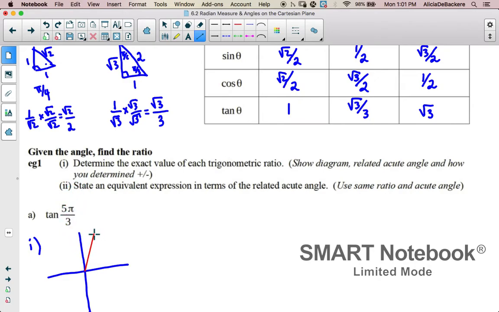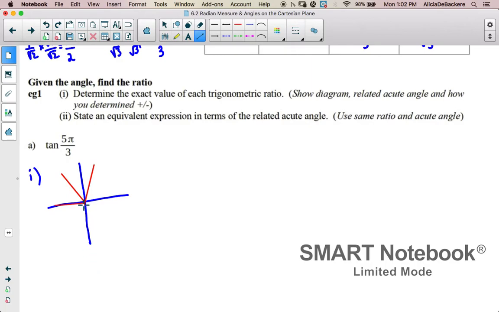So I've got 1, 2, 3, 4, 5, and 6. So I've got 3 wedges on the top and 3 wedges on the bottom.